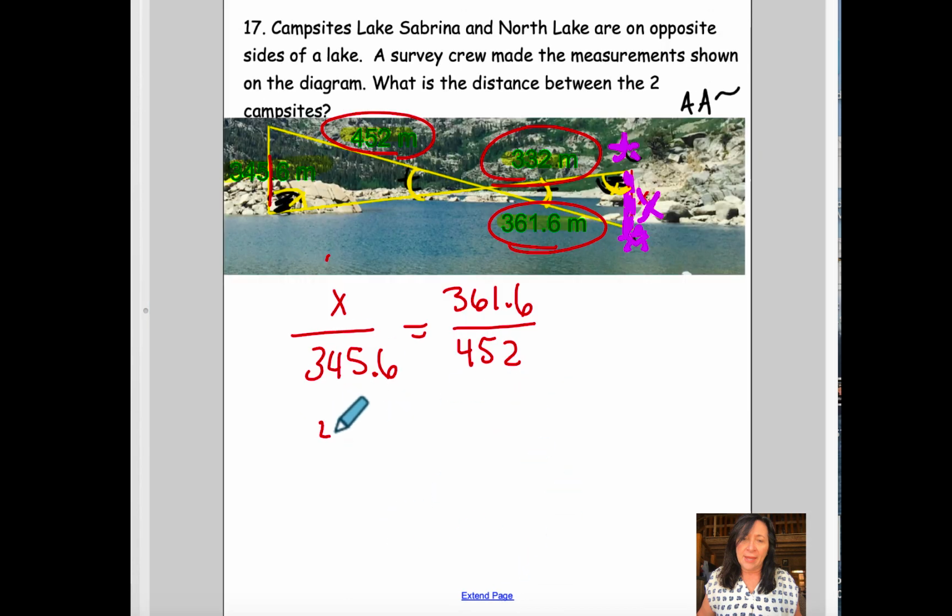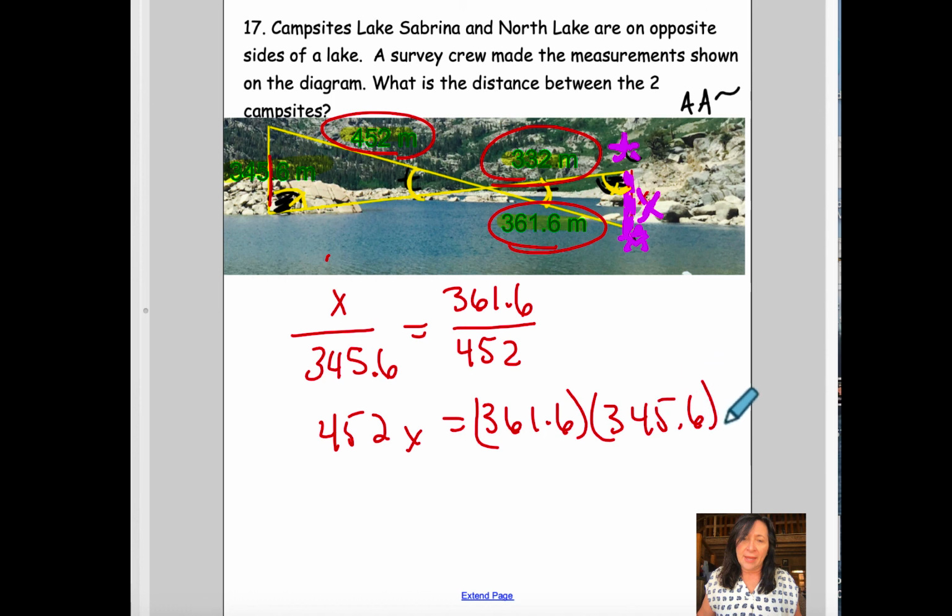Yes, I'm going to use my calculator. 452 times x is equal to 361.6 times 345.6. So let's do that. 361.6 times 345.6 is equal to a big number.